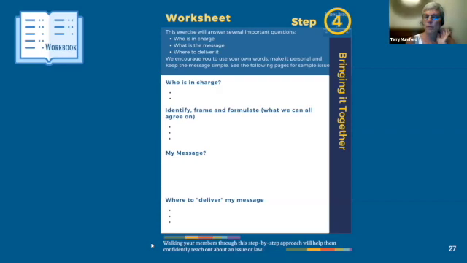I'll just digress here for a minute. Oftentimes we get a question in this presentation about using canned messages or signing on to petitions.